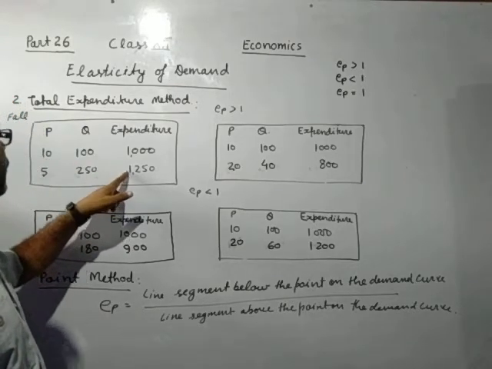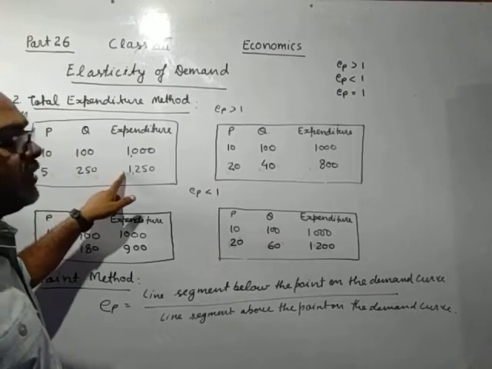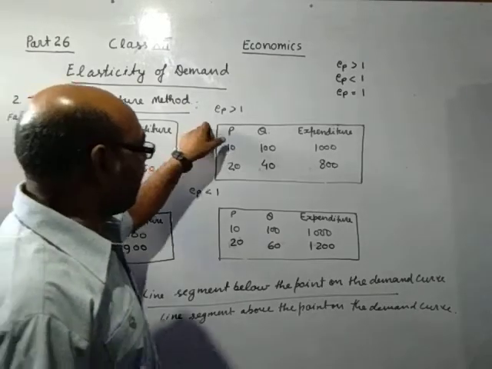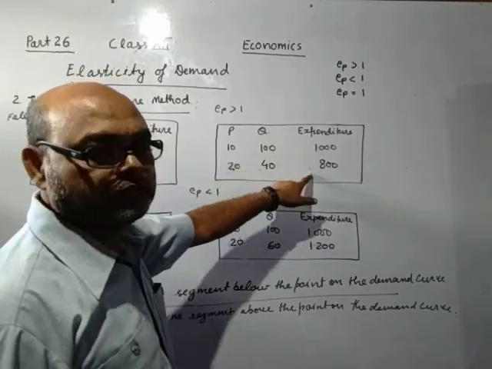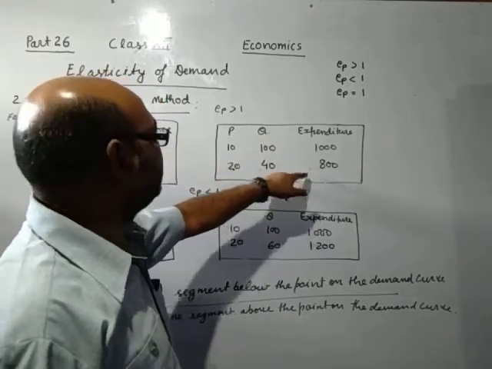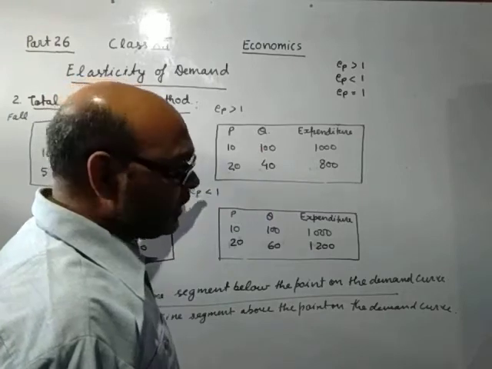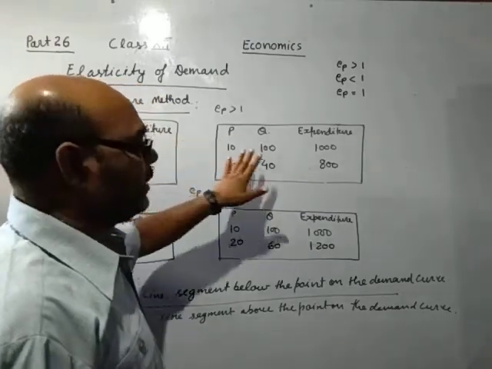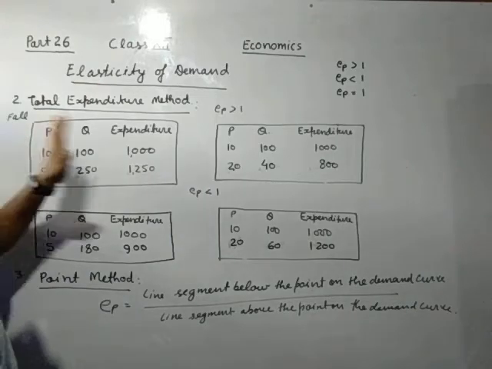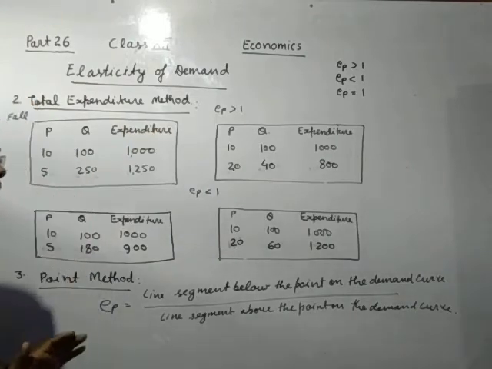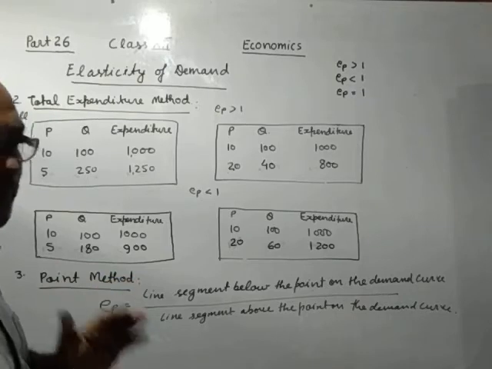This is called elastic demand. If price increases but total expenditure falls, this is also called elastic demand. So here price and expenditure have an inverse relationship.